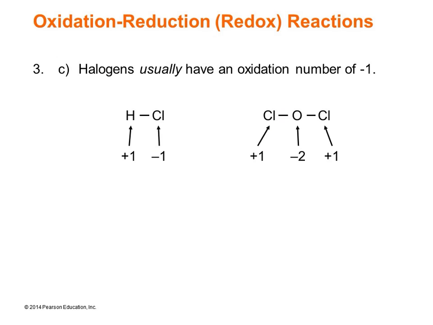Halogens, in other words, my group 7A elements, are usually -1.